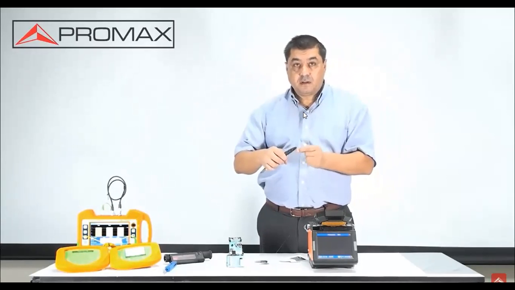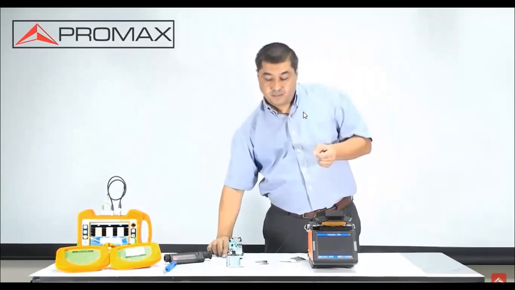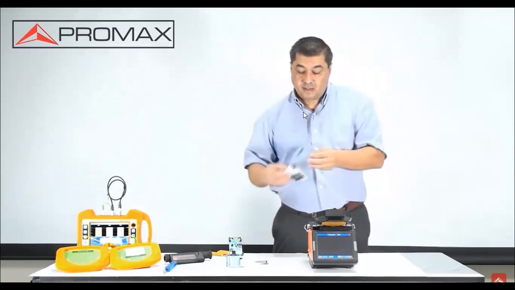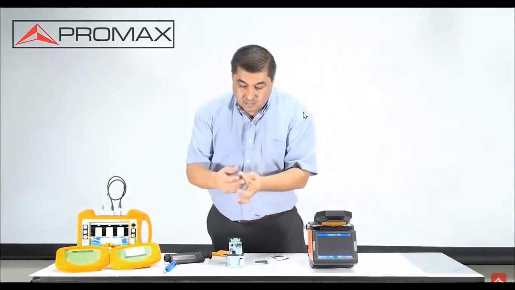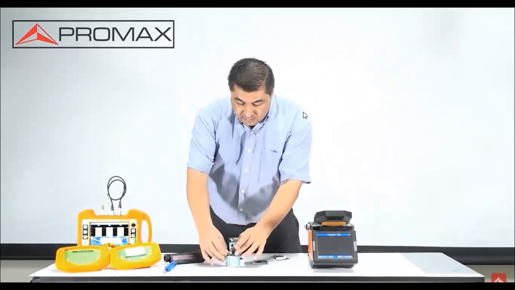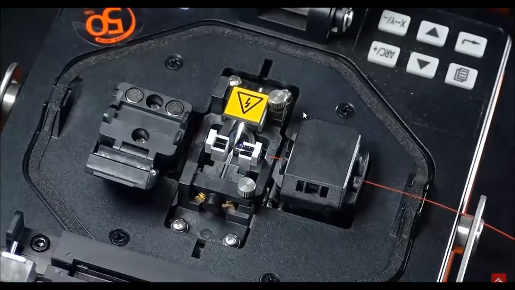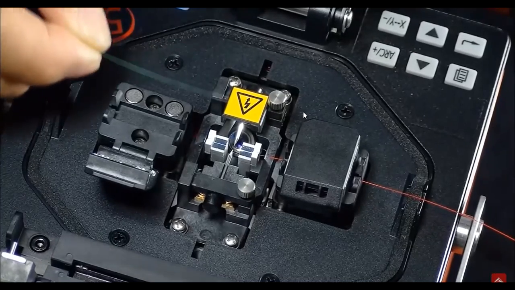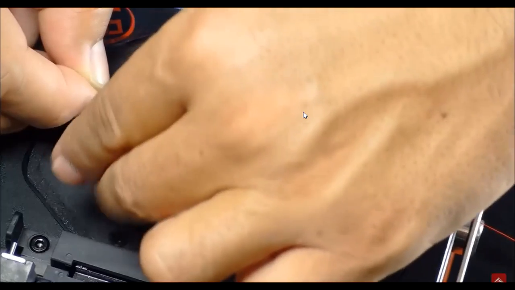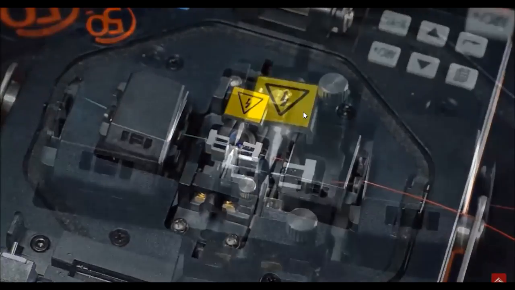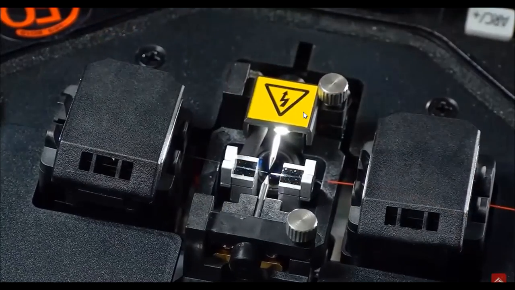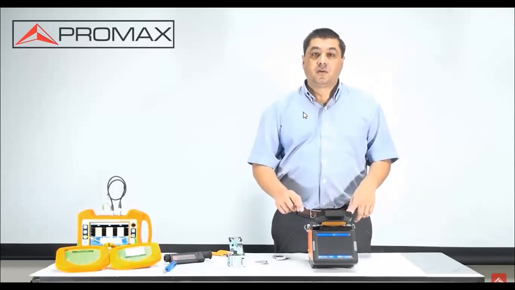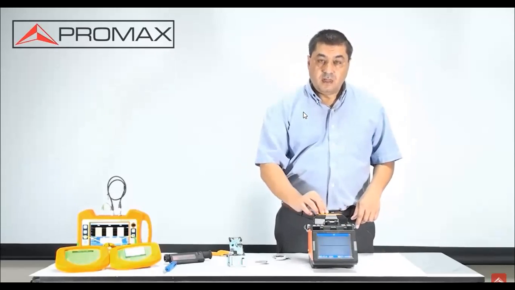Again, we peel the plastic layer of the fiber with the stripper, and we clean the remaining plastic waste. We cut again, and we place the fiber into the fusion splicer. As we can see, fibers are close to the electrodes, but without touching themselves. Once the two fibers are placed, we close the shield.